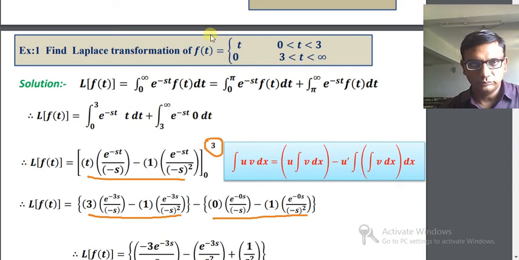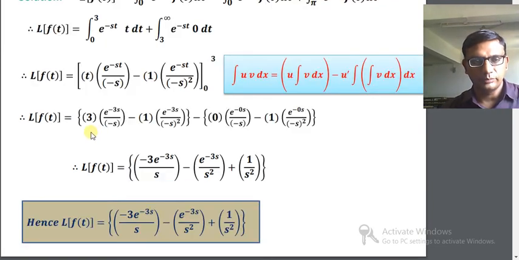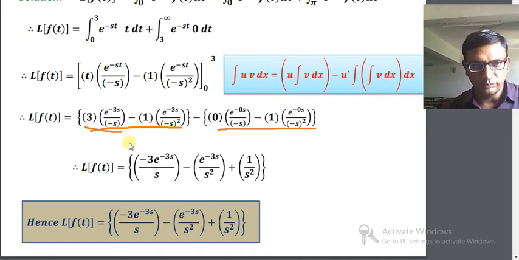Now after simplifying, after putting the upper limit we get this part, and the lower limit is this. Now simplify this portion. This will be 3 times e raised to minus 3s upon s, minus e raised to minus 3s upon s square, and this portion is totally 0, and minus minus plus, then we get 1 upon s square, because we know that e raised to 0 is equal to 1.